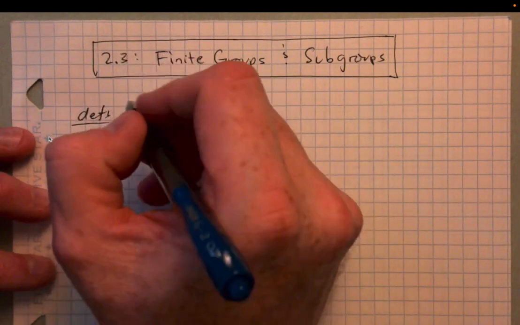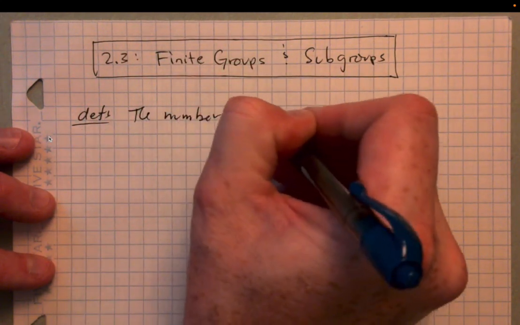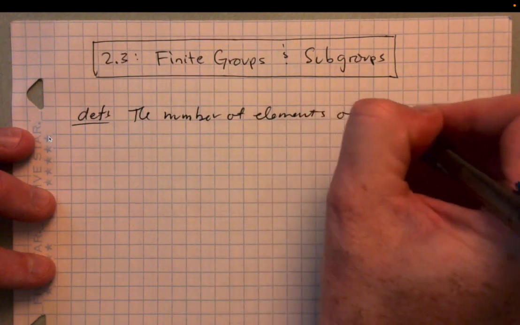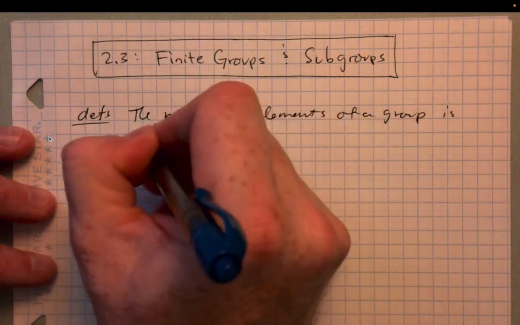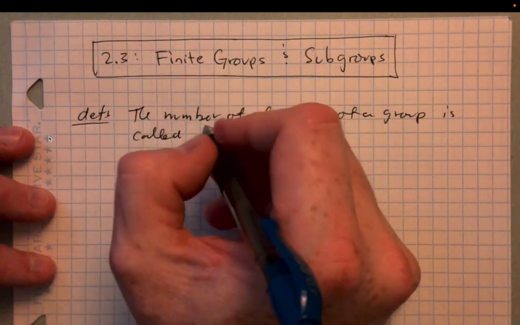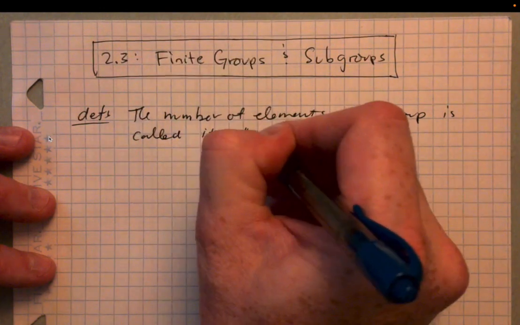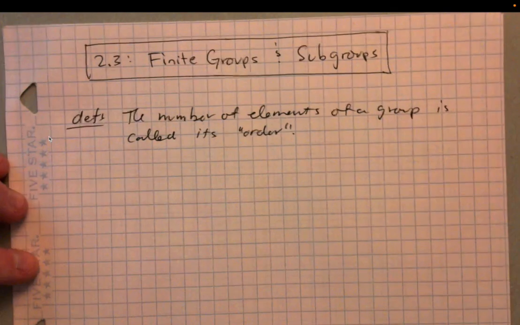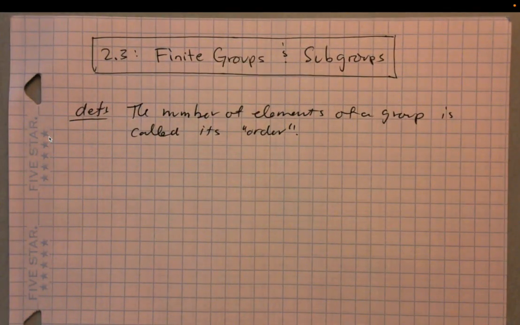So the number of elements of a group is called its order. Okay. So the number of elements of a group is called its order. Okay, so kind of like polynomials in algebra will have an order.